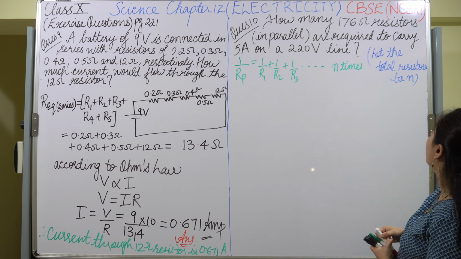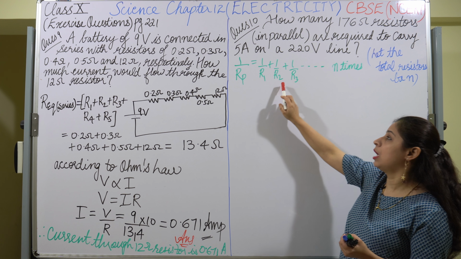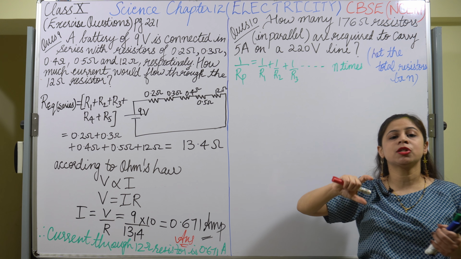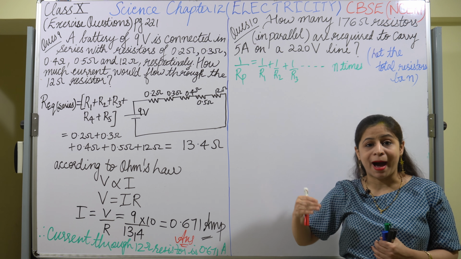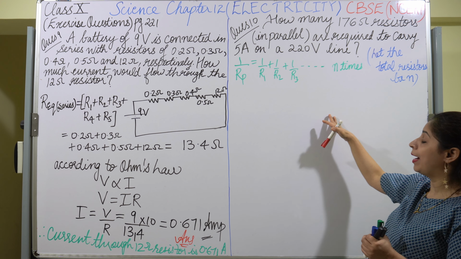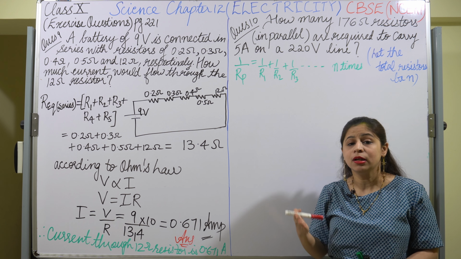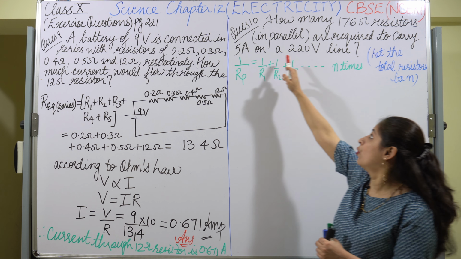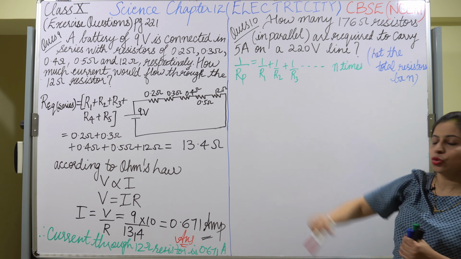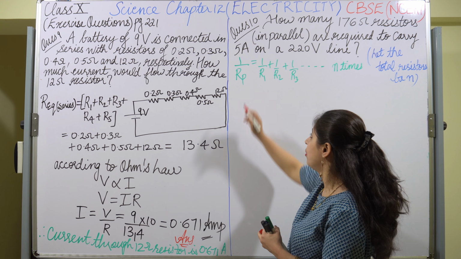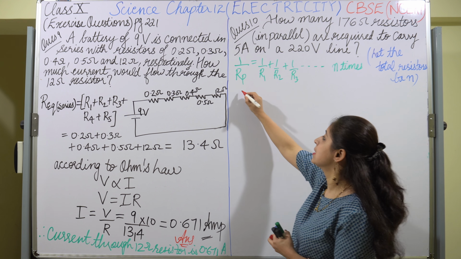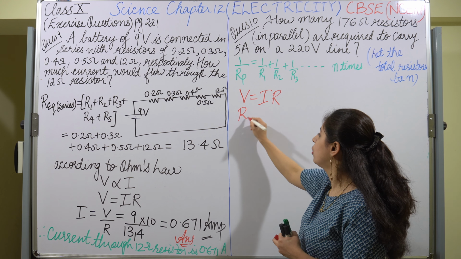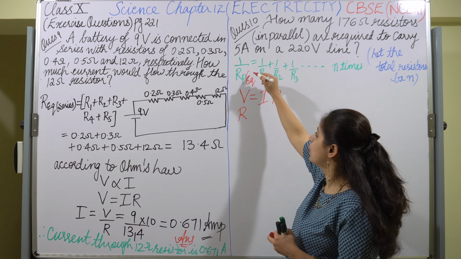Now the value of R1, R2, R3 is the same, because the 176 ohm resistor only is to be connected in parallel, and then we need to find out how many such resistances should be connected so that we get 5 ampere on a 220 volt line. So first of all, let us find out the Rp value. According to Ohm's law, V = IR.